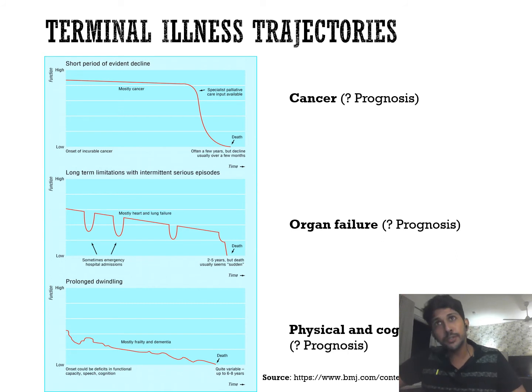So to start with cancer, if you would look at this red line, this is the point where the patient is being diagnosed with cancer. And then there is a very gradual decline as the patient goes through diagnosis, all the investigations, initial forms of treatment.